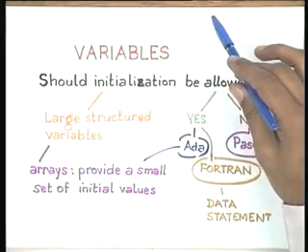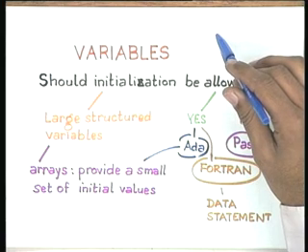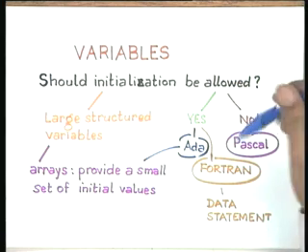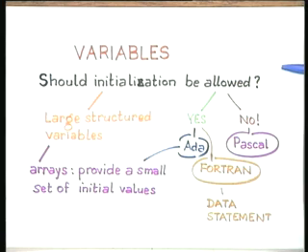Then as far as variables are concerned, should you allow initialization? Should you insist on initialization always? What happens to initialization of large structured variables? What kinds of languages allow what kinds of initialization for variables?